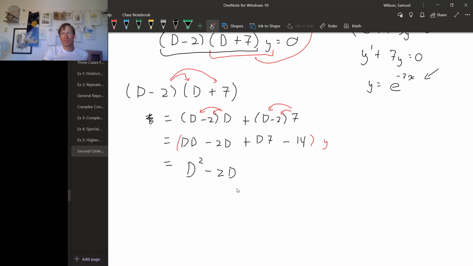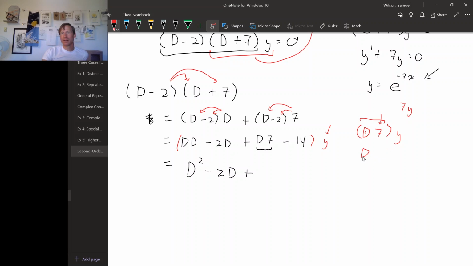So we get 2D here, plus, now for this D7 term, we have to be careful. It's important to remember that we're imagining that we're acting on a function y, because D applied to the operator 7 applied to y. This isn't the derivative of 7. That's not what this notation means. 7 here is really shorthand for the differential operator 7 that doesn't take any derivatives. It just multiplies the function by 7.